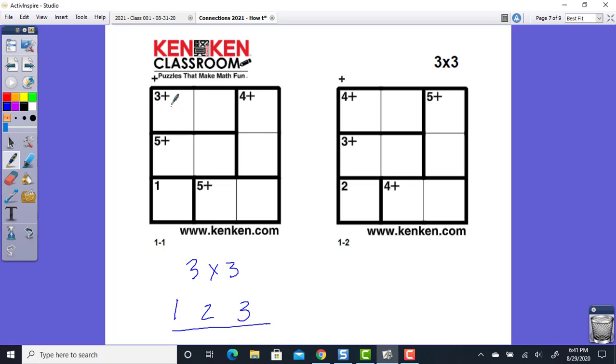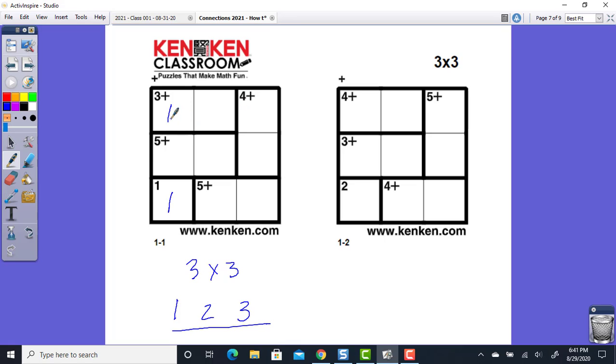If I tried to put a 1 here, well, that would not work, because down here I have a block with no math sign in front of it, which means I get to put just the number 1 here as a free space. According to the rules of Sudoku, I cannot have the same number in either a vertical column or a horizontal row.